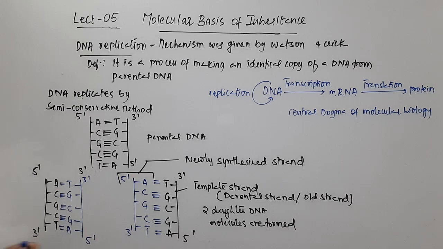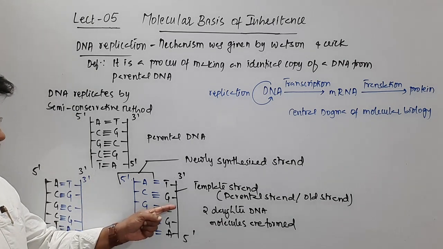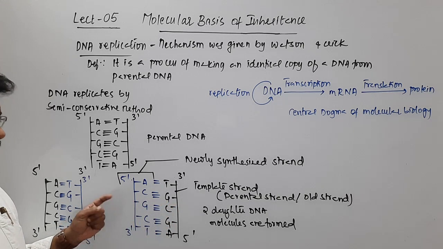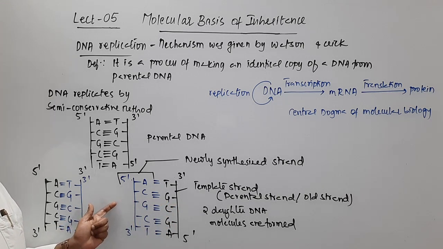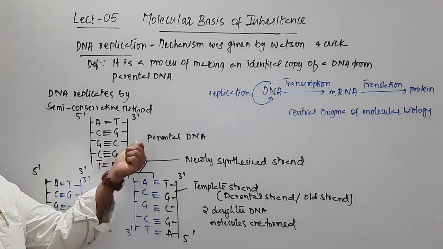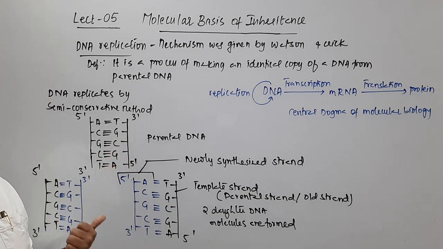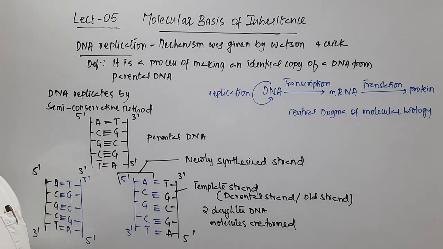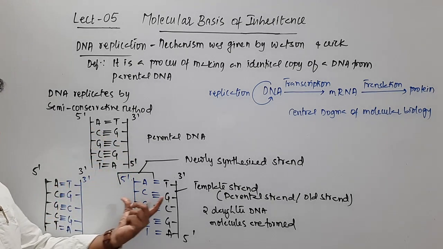So whenever a new DNA molecule is formed, it will have one old parental strand and one newly synthesized strand. Even this parental DNA also has the same. Here I did not show it, just to help you understand.